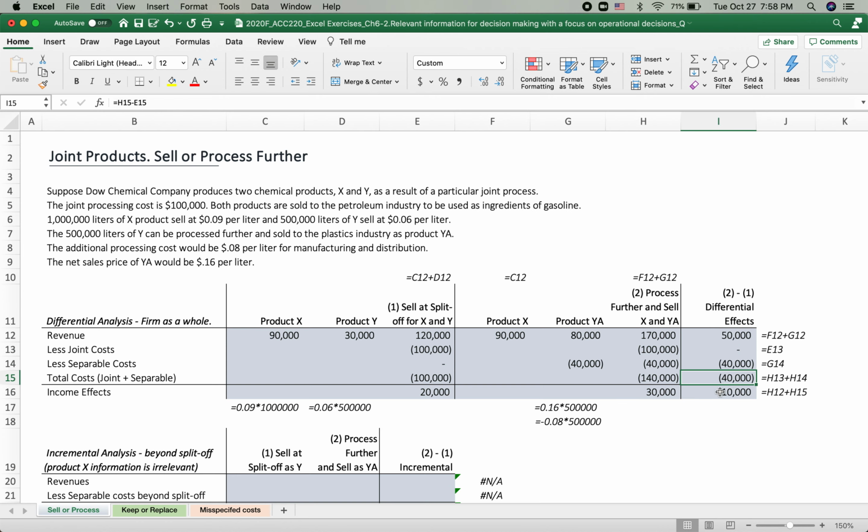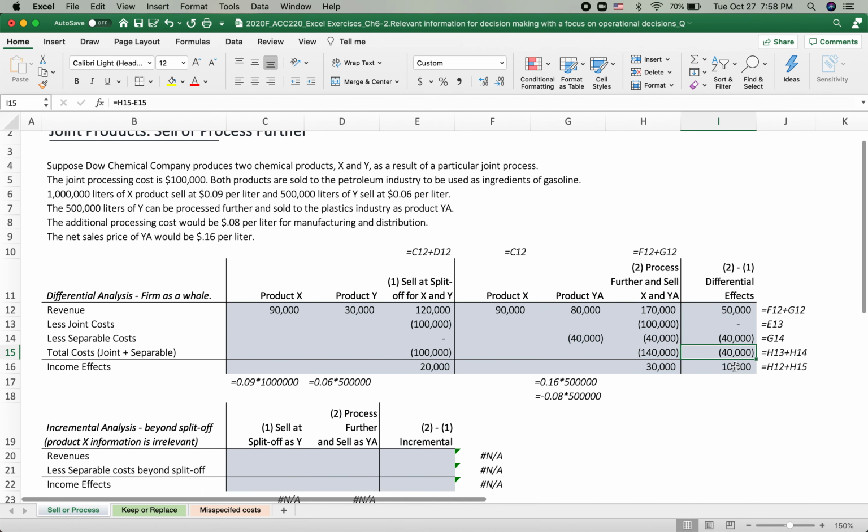Finally, $10,000 if we process further and sell X and YA products, then we can make the $10,000 more than the choice one, the sell at the split up for X and just Y products. Definitely we can choose the process further and sell X and YA case.